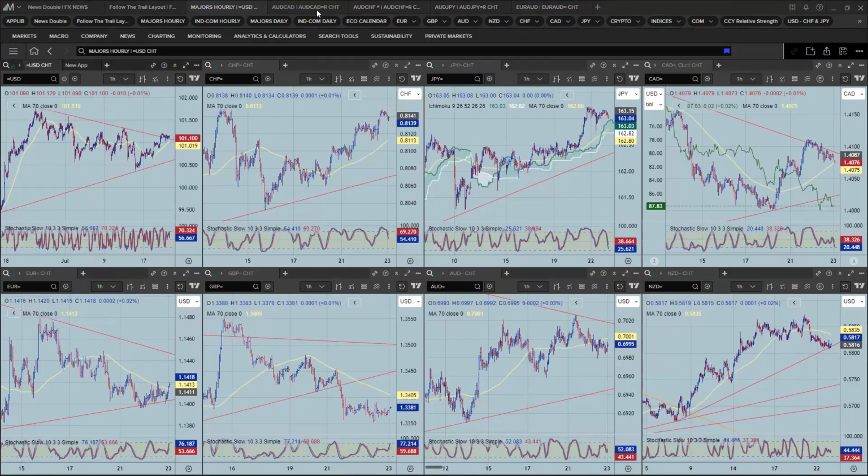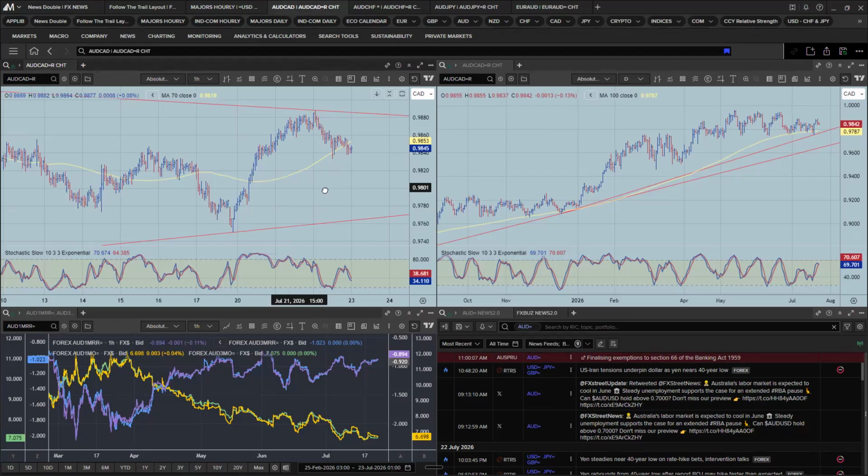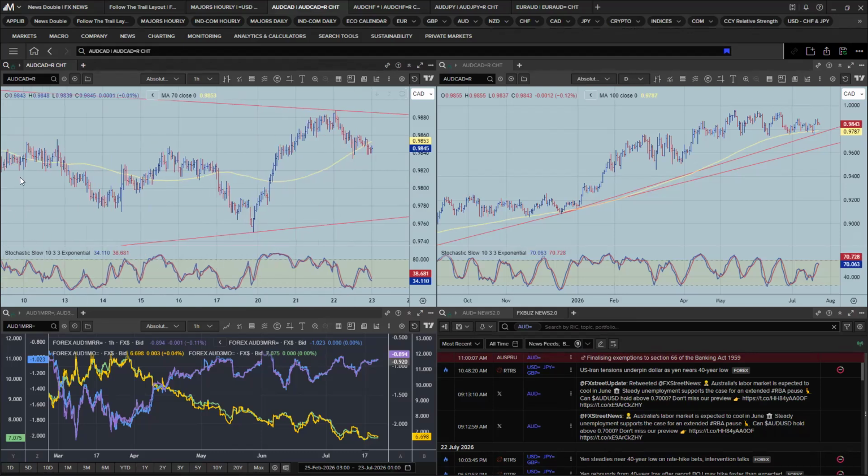So what I would do is have a look across these pairs and piece together, see if we can work out exactly what's going on. Now, Aussie CAD, okay, it's back, not quite in the middle of the range, but thereabouts. It is going up long term. Now, when it comes to the fundamental releases, stochastics takes a back seat at the time of the release.